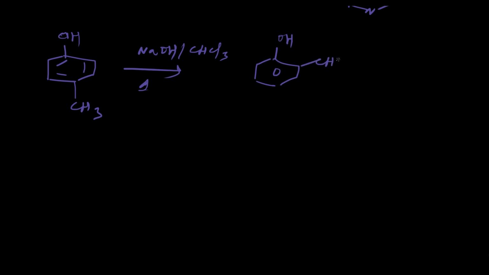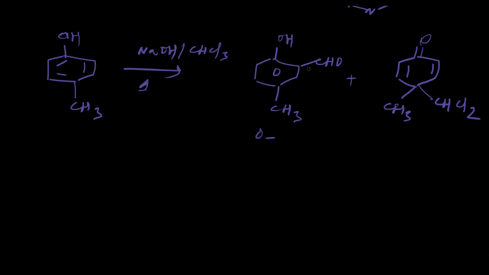One is the ortho-formylated phenol derivative, and another compound is this one. The formation of the first, the ortho-formylated phenol derivative, you all can explain by following the normal mechanism of the Reimer-Tiemann reaction.